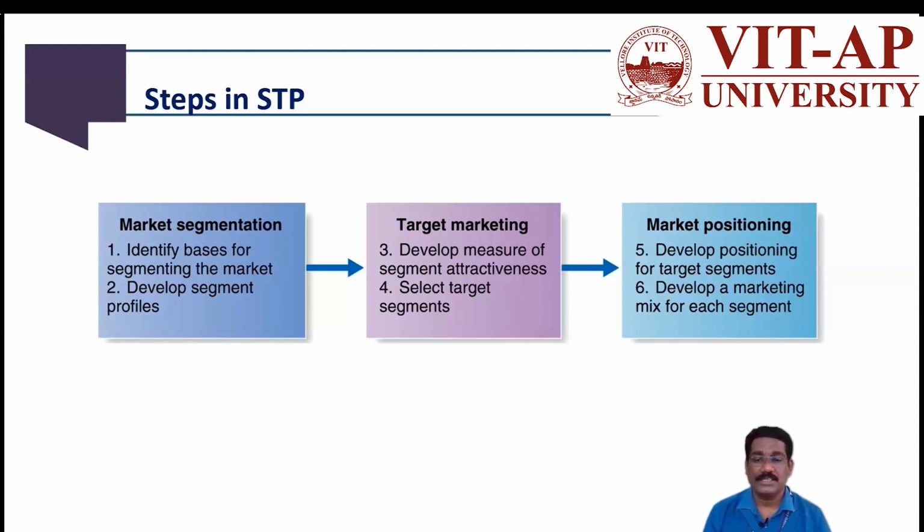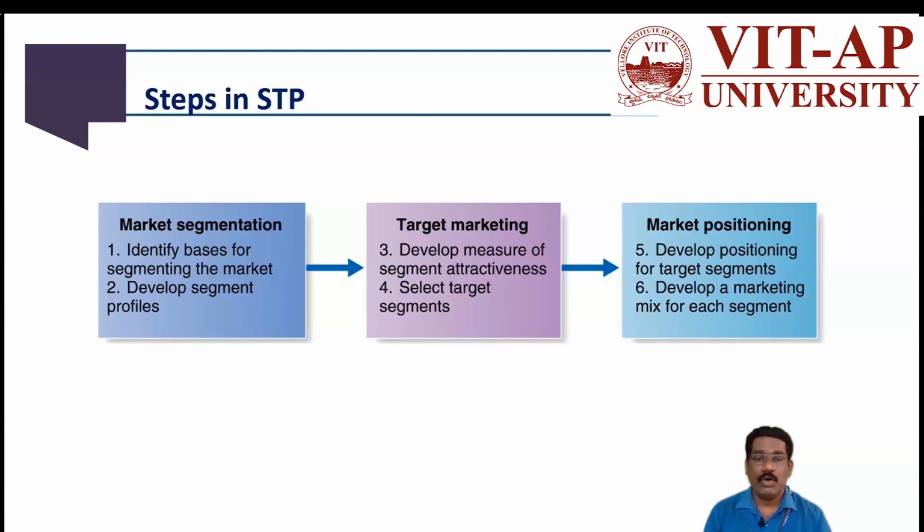This exercise the company will be doing. Next, once they understand clearly the requirement of the segment, they select the segment which is very profitable and which matches the requirement of the organization.